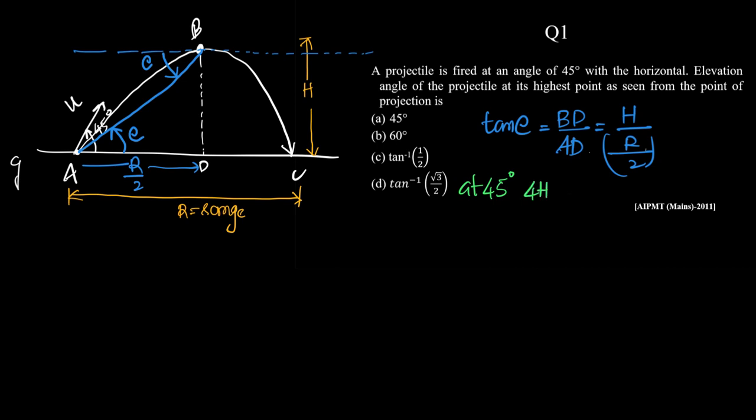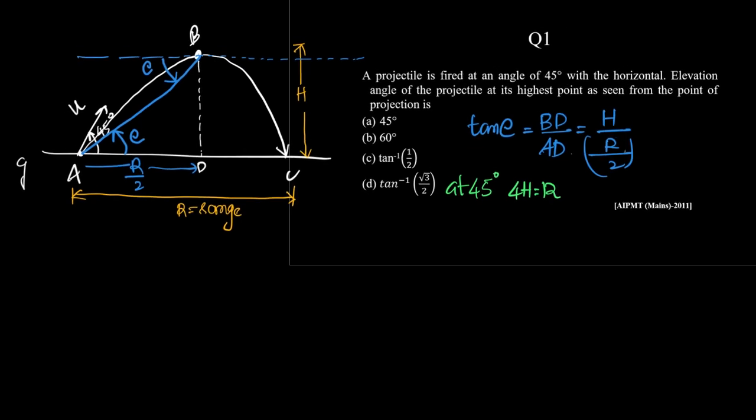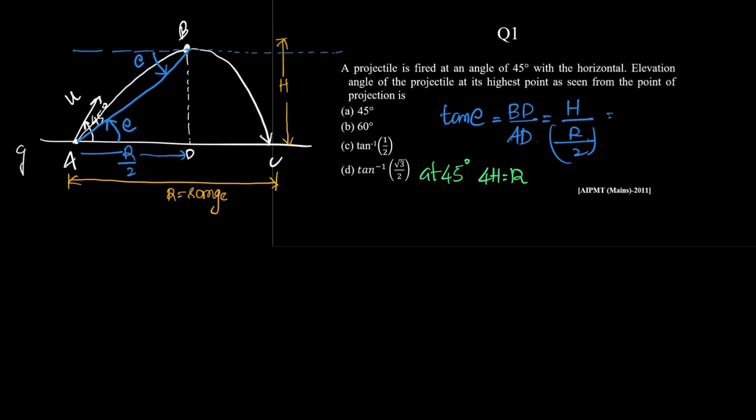At 45 degrees, 4H is equal to R. So we can say that this will be equal to H by, instead of R, now I can write it as 4H by 2. So this will further be equal to H by 2H. So H and H will cancel, we get 1 by 2.